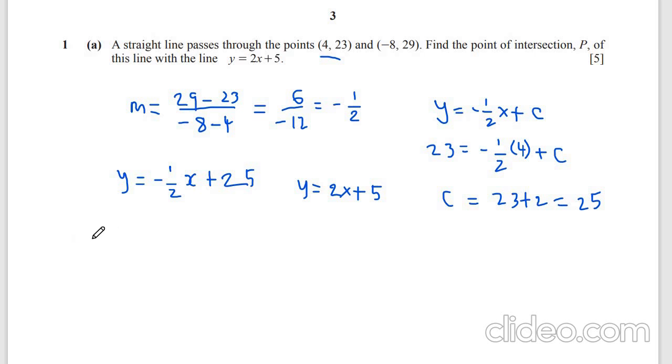So I'm going to substitute the value of y, so I'm putting the y's equal to each other. So let's solve this.